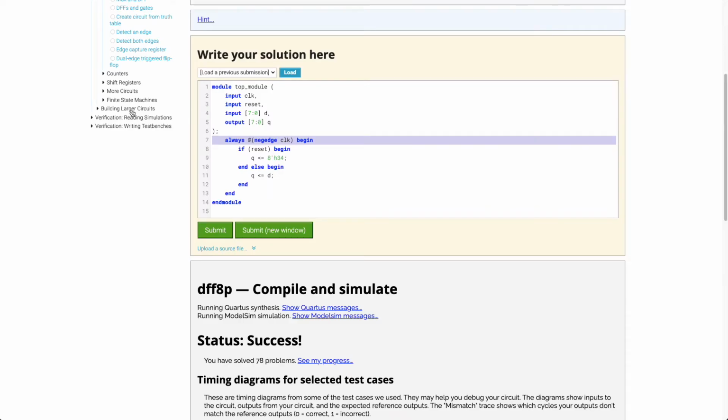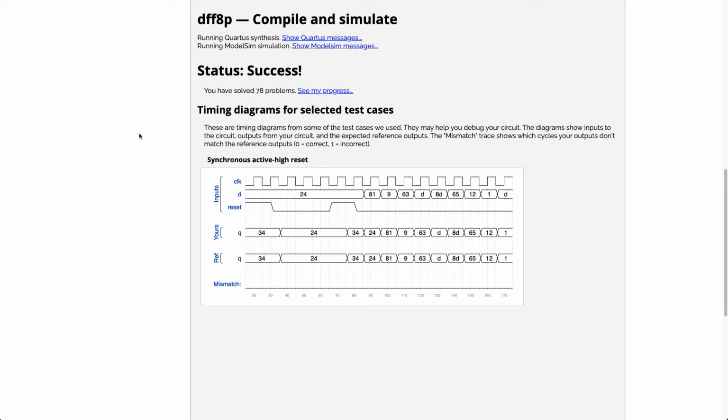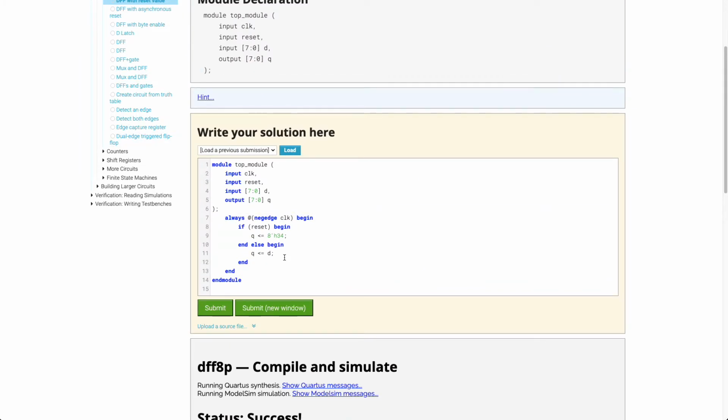Okay, so this is done, and this is done, and quite educational. So I guess I had synchronous and asynchronous mixed up in my mind. Asynchronous means there's a condition in the always block, and synchronous means this is always attached to this clock.